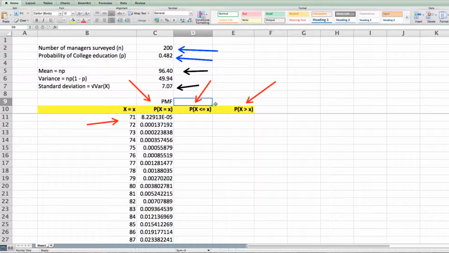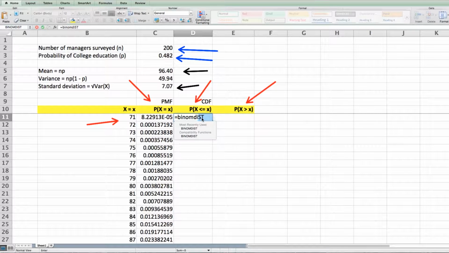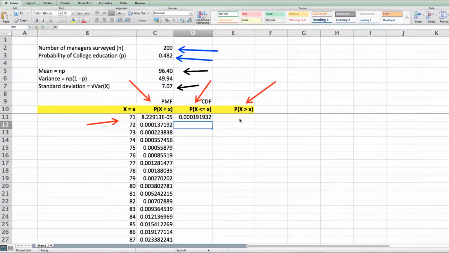Now I would like to know what the cumulative distribution function is. So I'll go with binomdist, x at the value 71, again constantly 200, and constantly the probability p, which is 0.482. This time the cumulative flag is 1.